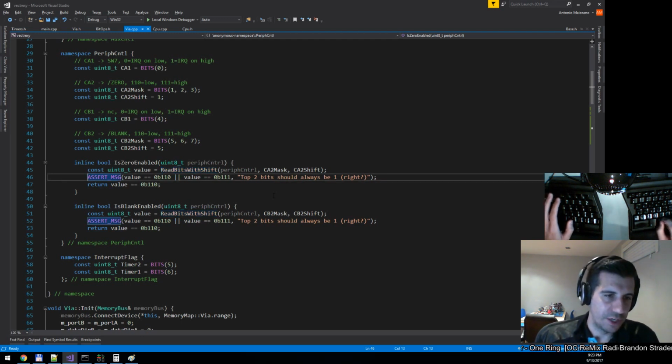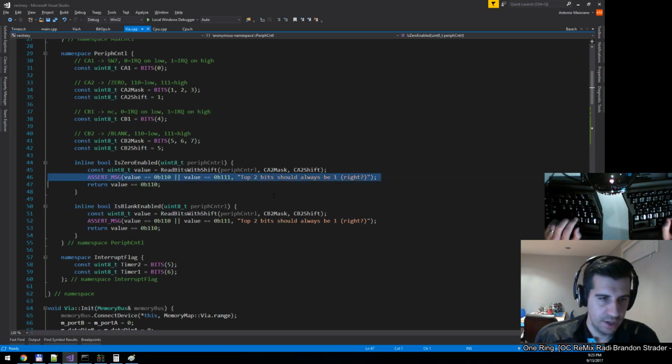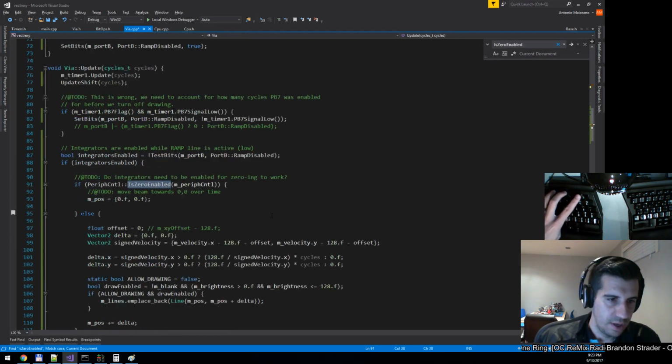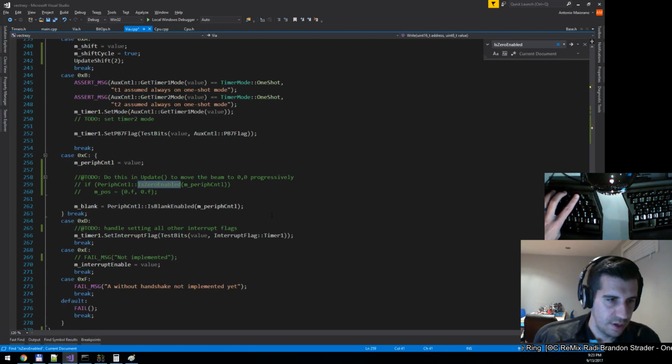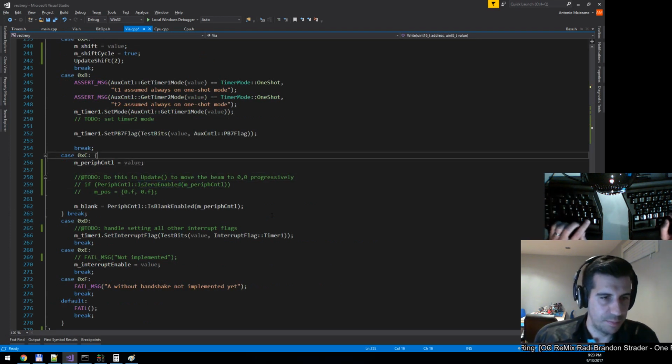Maybe the problem here is I shouldn't be checking this assert in here, but rather when we set the peripheral control value.